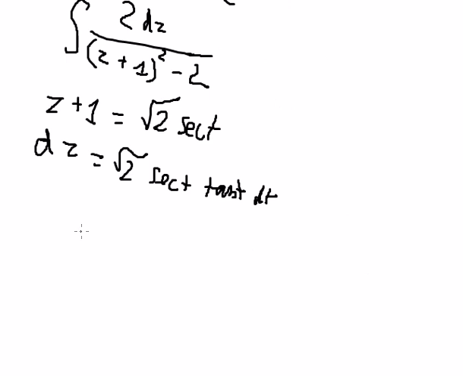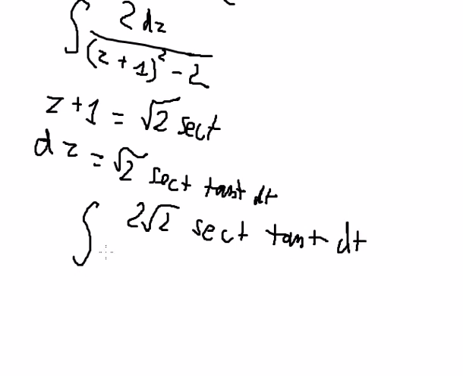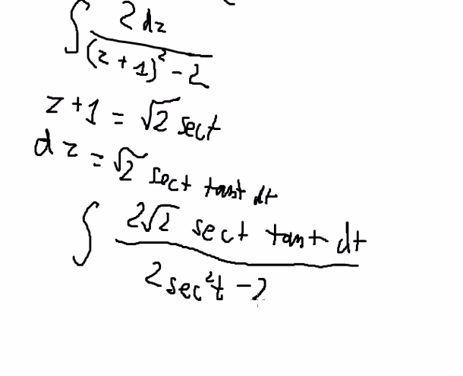So we change dz for this one. So we got 2 secant of t squared minus 2. So we have number 2 in here. We cancel number 2.